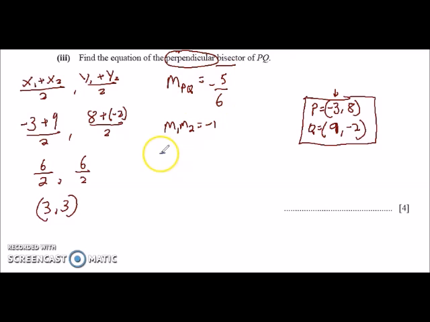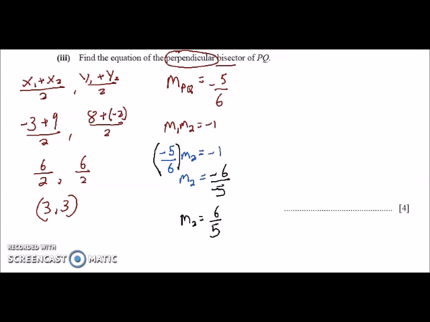So what we have is negative 5/6, and this is m2 equals negative 1. So we can find the gradient of this perpendicular line. So the gradient of the perpendicular line we get is, we just invert this. So negative 1 multiplied with 6, you got negative 6 divided with negative 5. So you'll be getting that m2 is 6/5.